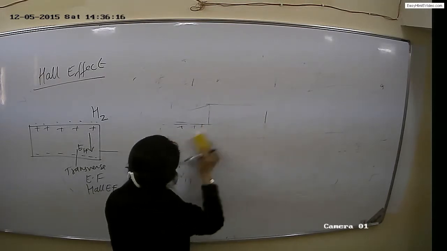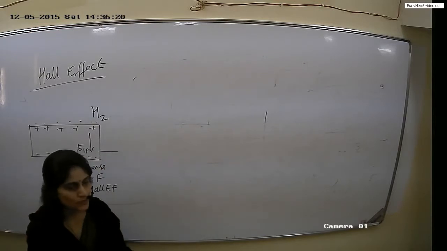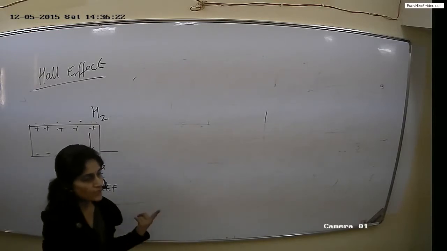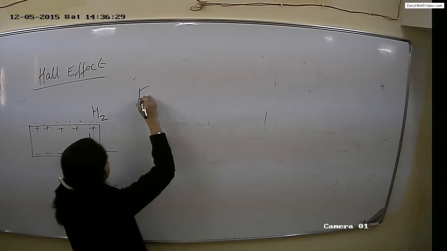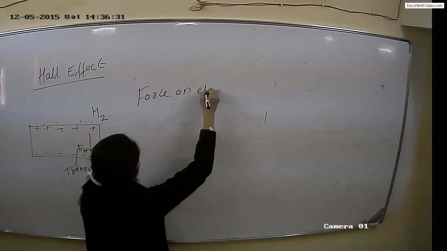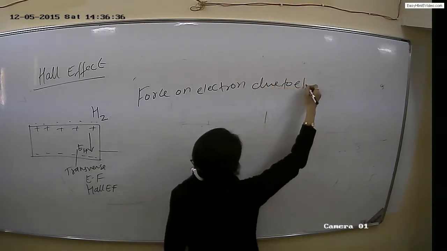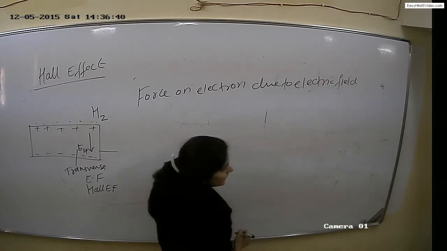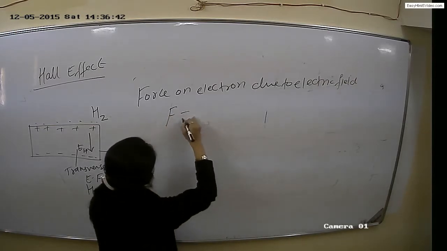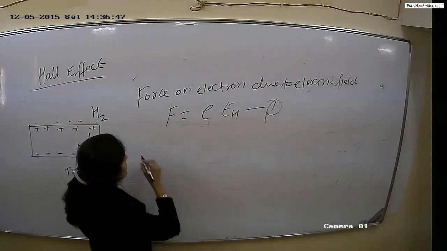For that, we know that the electron experiences two types of force. One force it is experiencing due to electric field, and another force due to magnetic field. So force on electron due to electric field is equal to e into EH, equation number 1.